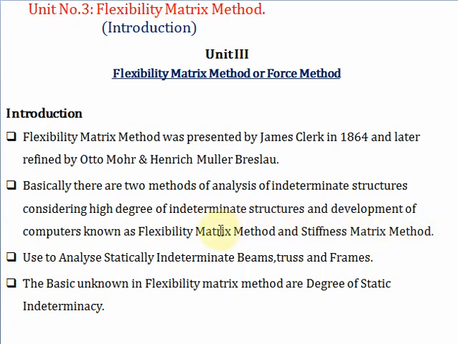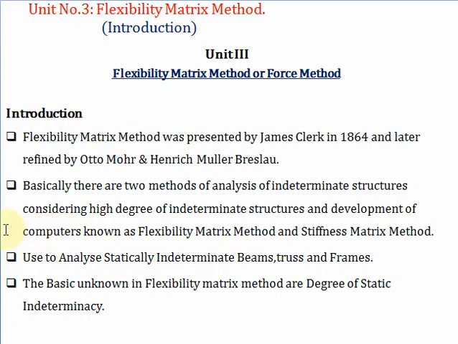Now, in unit number 1, we have seen the analysis of indeterminate structure by slope deflection method, and in unit number 2, by moment distribution method. But if the unknowns are more than 3, then it is very difficult to analyze by these two methods. If there is a high degree of indeterminate structure, then you have to use the computer.